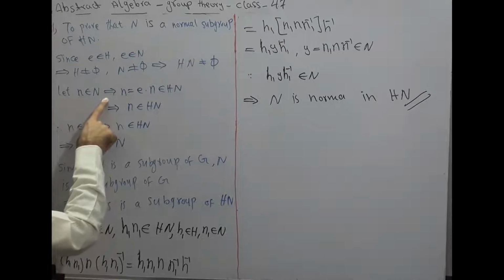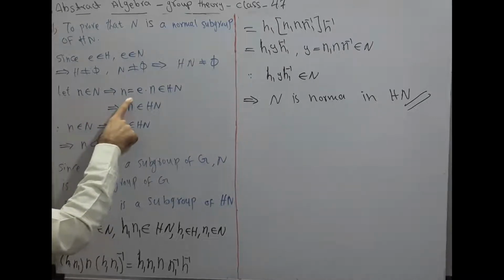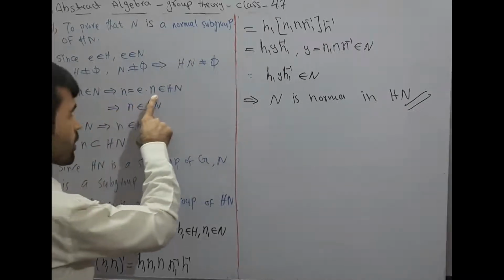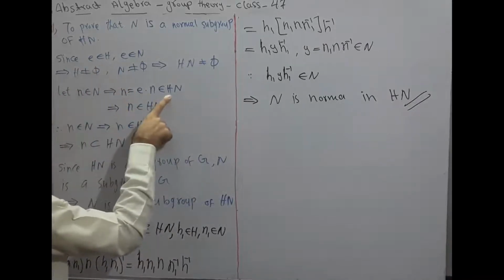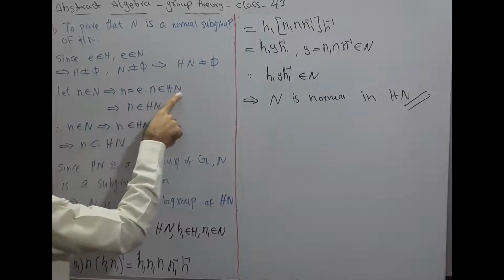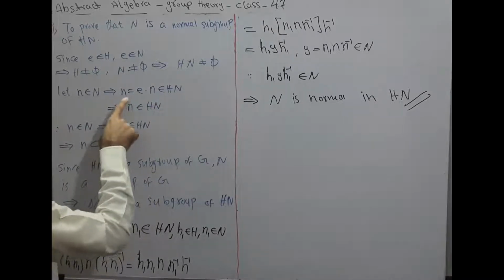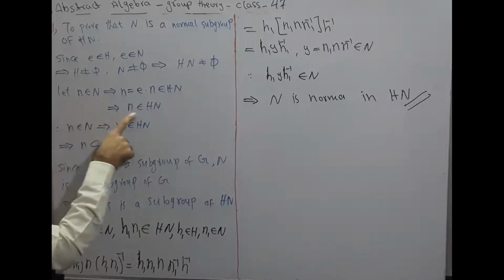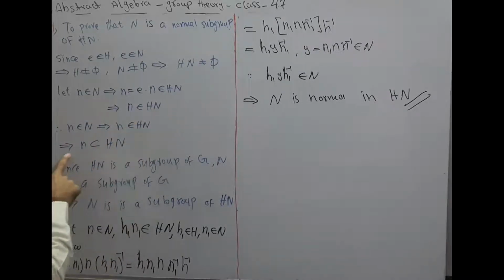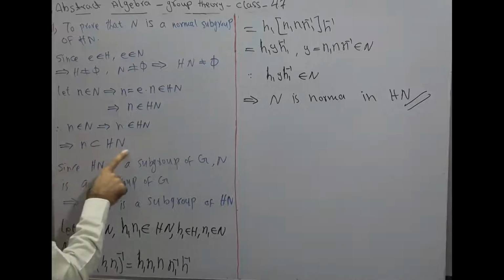Let n belong to N. This implies n equals e times n belongs to HN, because e belongs to H. So n equals e n, which belongs to HN. We get n belongs to N, then n belongs to HN. This implies N is a subset of HN.